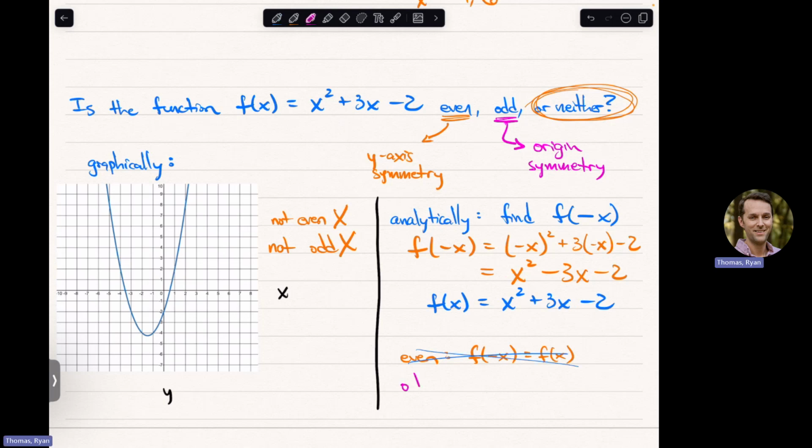For a function to be odd, we need f of -x to be exactly opposite f of x in terms of the sign. So I would need the signs to flip on every term, or it to be like I just put a negative sign out in front of the function and distributed it through, right?